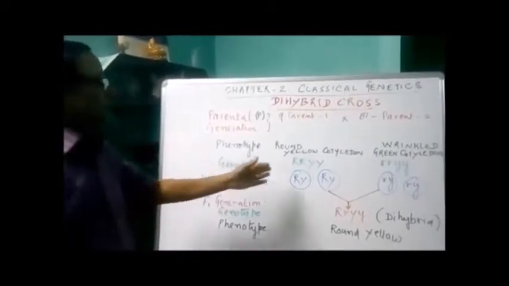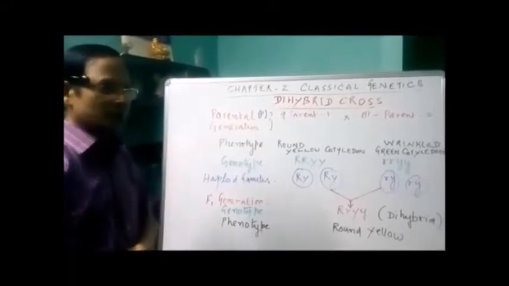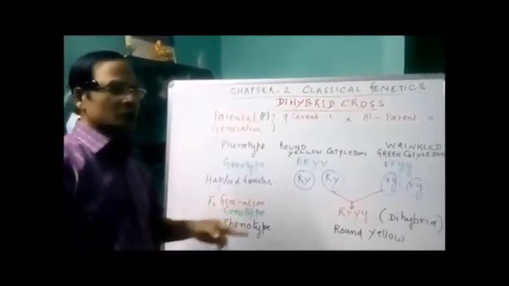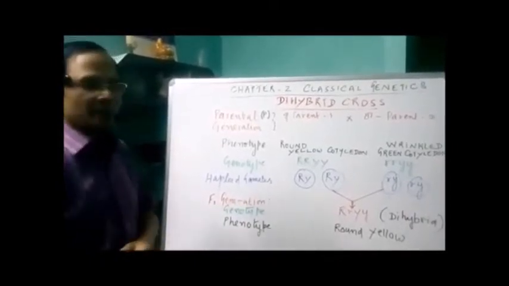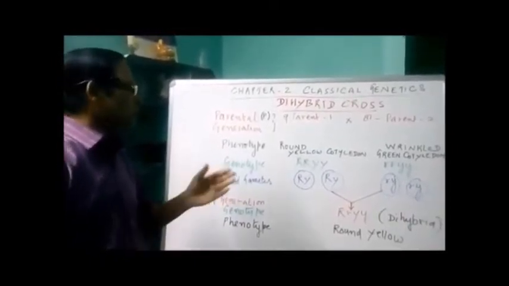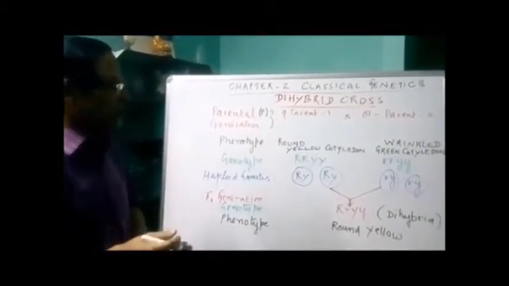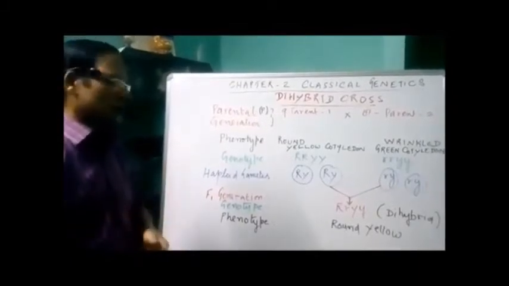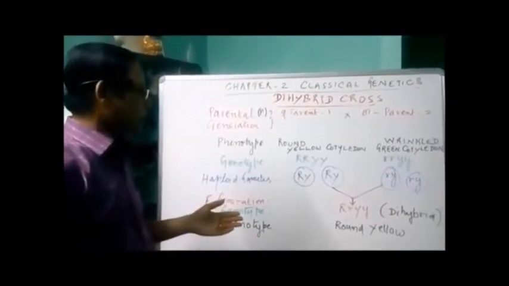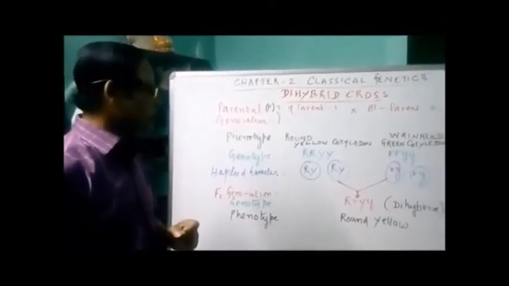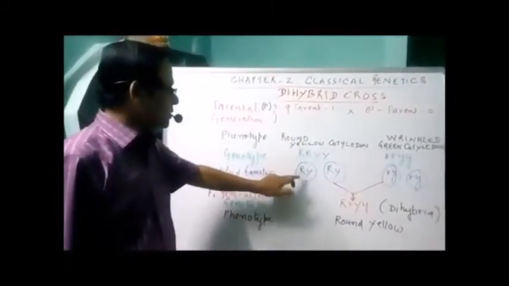Now, during gamete formation, according to the law of segregation, the two alleles of a pair segregate and assort out independently into the gametes. I will explain later what independent assortment is. They are assorted out independently so that each gamete receives one gene for a character. So, for round there is one gene.